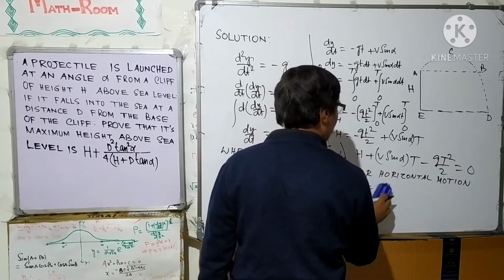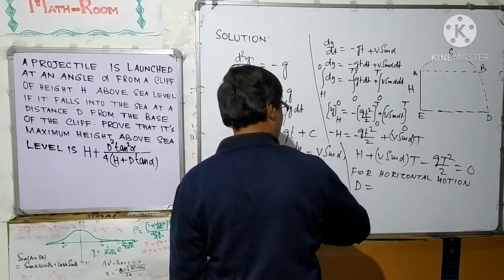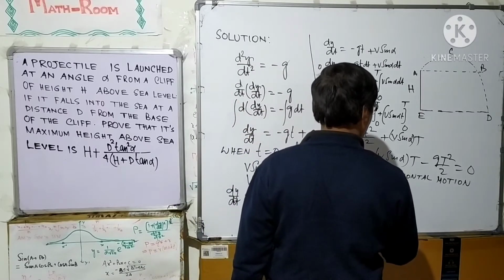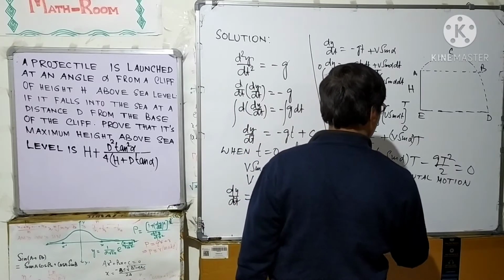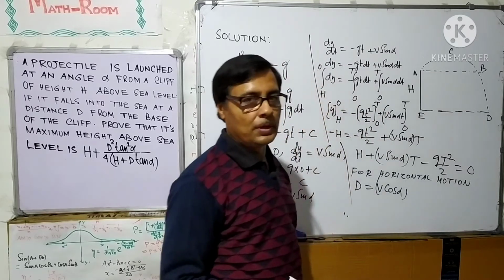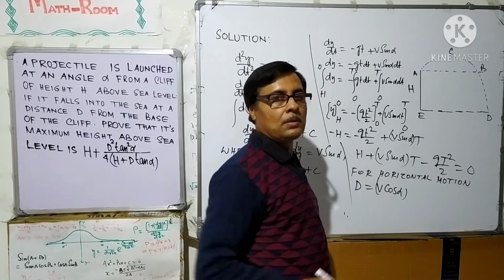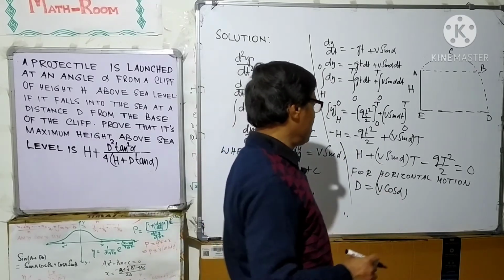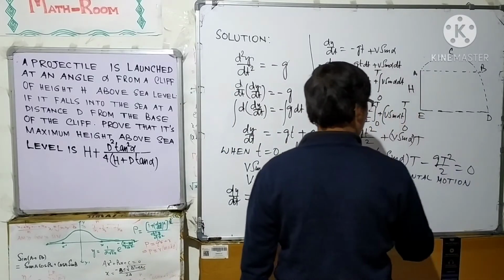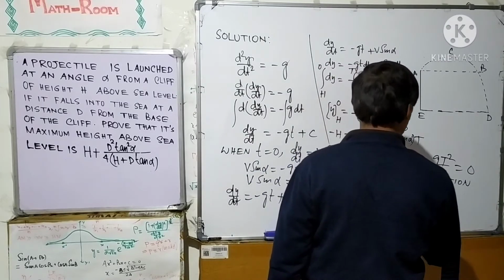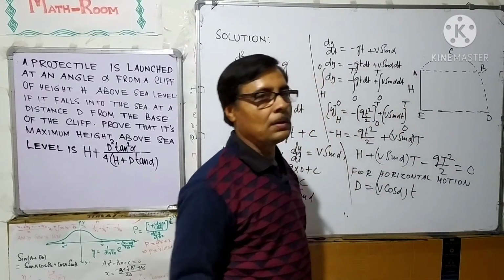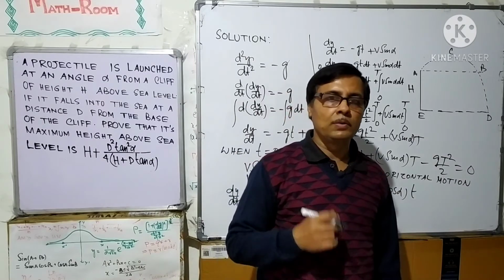The horizontal component of the velocity of projection v is v cos alpha, into t. This is because horizontally the body moves with uniform velocity.